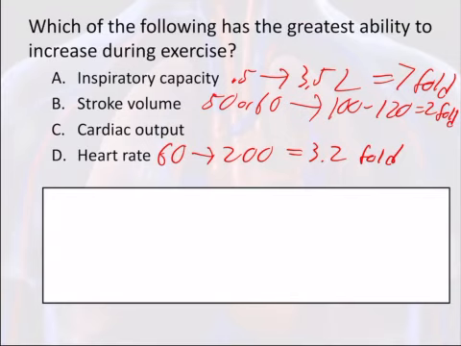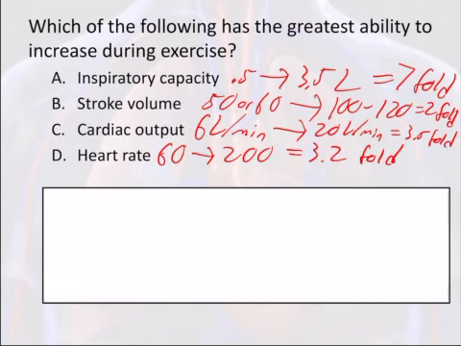And then we know cardiac output. We haven't really talked about it too much yet, but probably somewhere around 6 liters per minute at rest, up to maybe about 20 or 25 liters per minute. So that would be about a 4-fold, 3.5-fold increase. Let's see if I remembered my slides well and see how close that was.